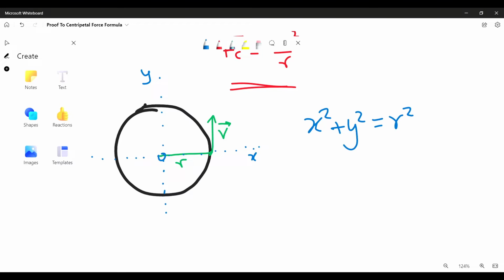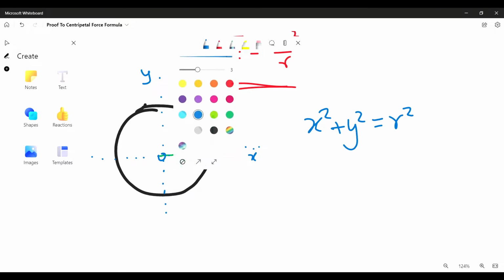Now if we think about this, the velocity will be the change in displacement over change in time, and so it's a vector that tells you how x and y are changing. So we can differentiate this right now.